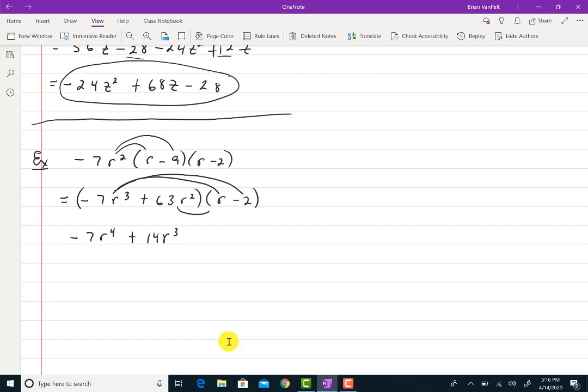Underneath here, I'll get 63r to the third. And then here, I'll get negative 126r squared. I'll add all these together. So negative 7r to the fourth plus 77r cubed minus 126r squared.